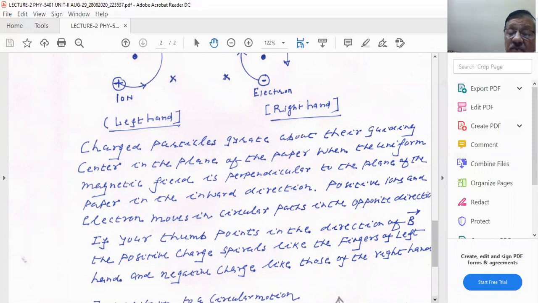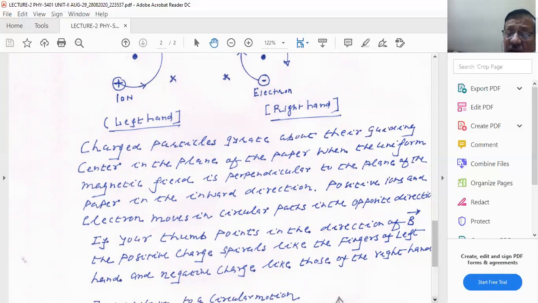And if your thumb points in the direction of B, the positive charge spirals like the fingers of the left hand, and the negative charge spirals like those of the right hand, which I have already explained.